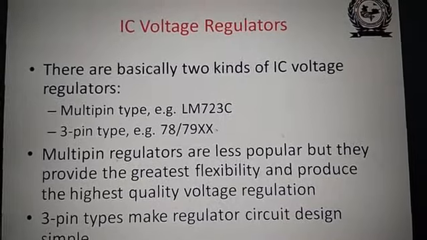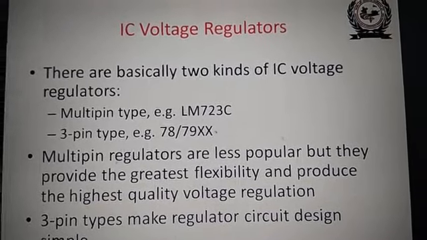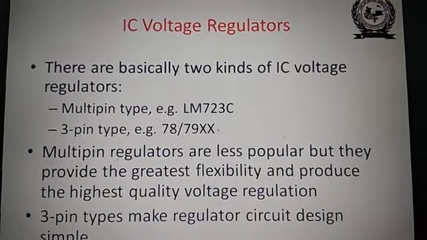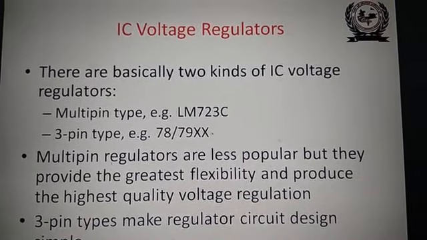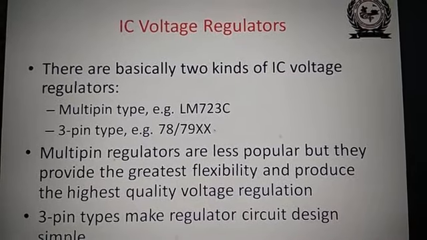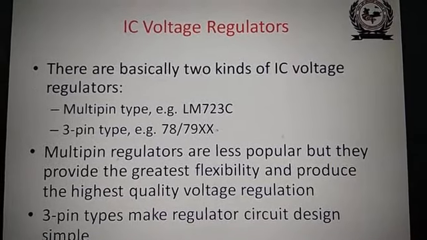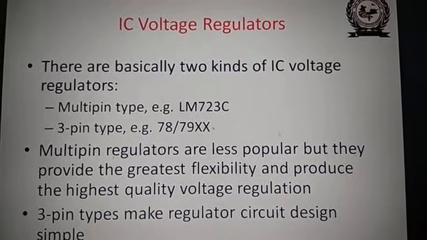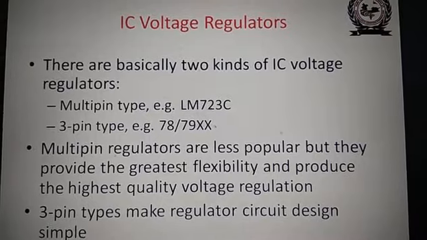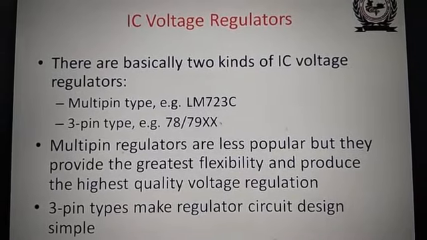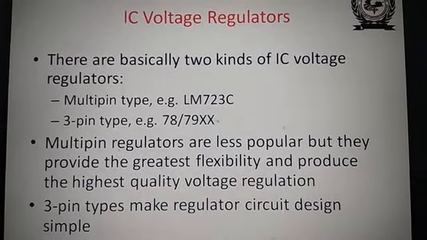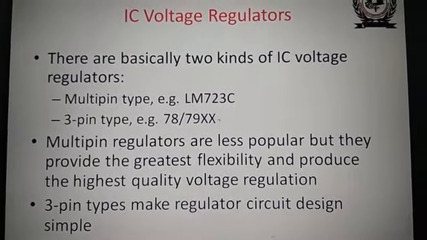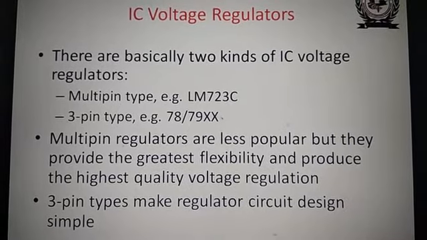Here we have seen the op-amp, but special regulators are used as general purpose regulators, and 3-pin regulators are also used. So as far as your syllabus is concerned, you must have an idea about the IC regulator, the general purpose regulator, that is IC LM723C, which is a very important IC regulator by which we can develop the low voltage regulator as well as the high voltage regulator.